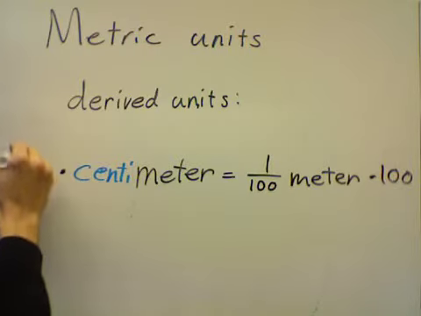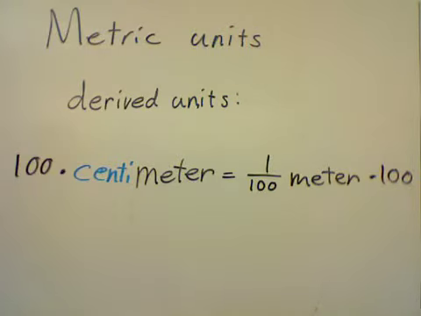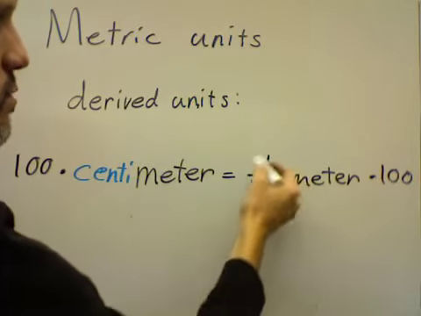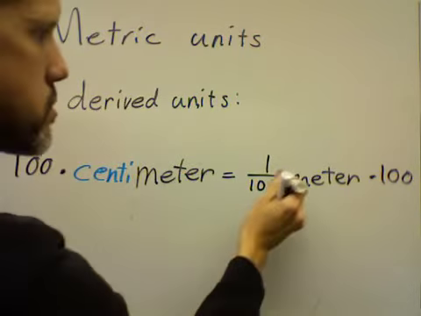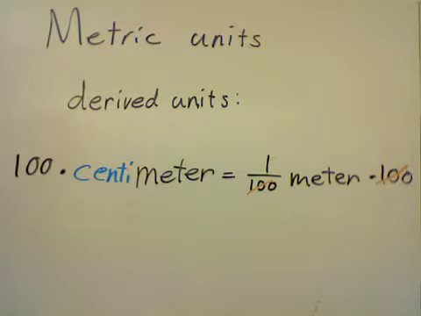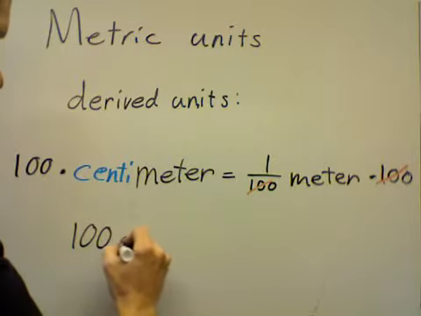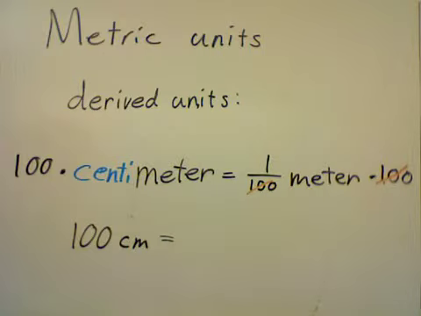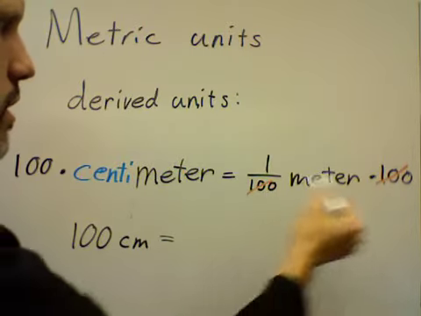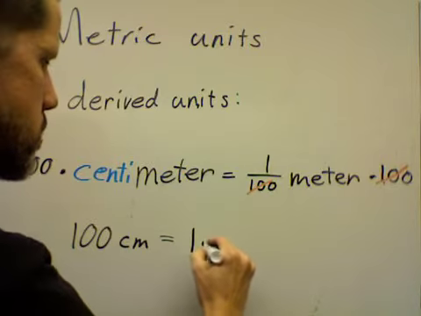So I'm going to multiply this side by 100 also. Now let's look at this 100 here and this 1/100th. Here I've got 100 on the top and 100 on the bottom, and I know that I can cancel those two things out. So I can write the following: 100 centimeters, now I'm going to abbreviate centimeter as cm, is equal to 1 meter. The 100 over 100 canceled out, so that's 1 meter.